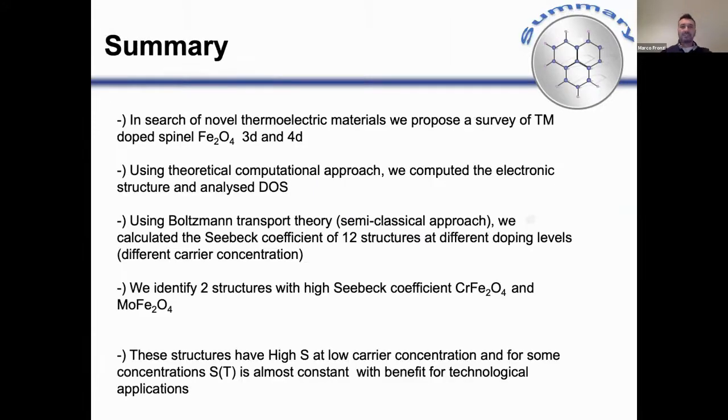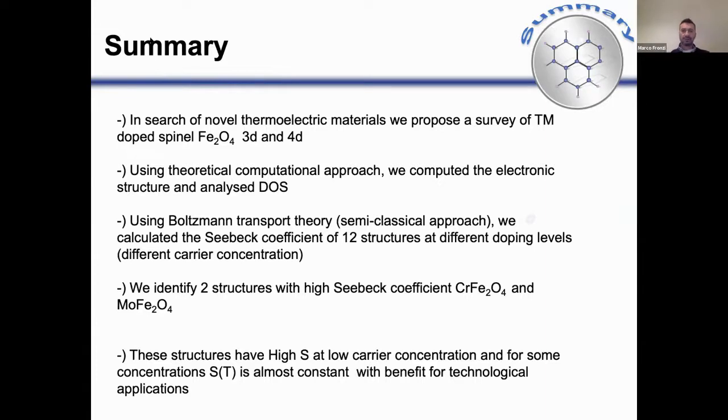So this is all for my speech. And to briefly summarize what I just said, I propose a search of novel thermoelectric materials from a computational point of view. I gave you a survey of 12 3D and 4D doped iron oxides.